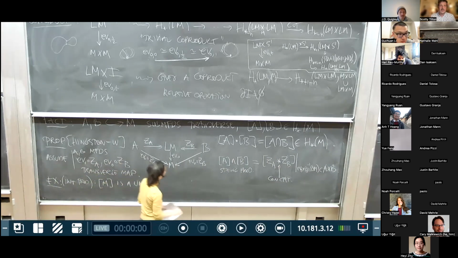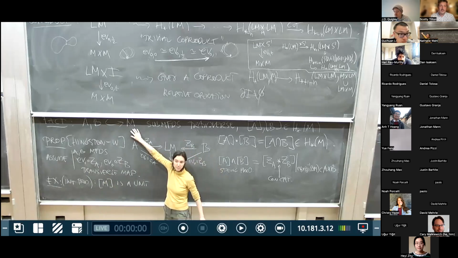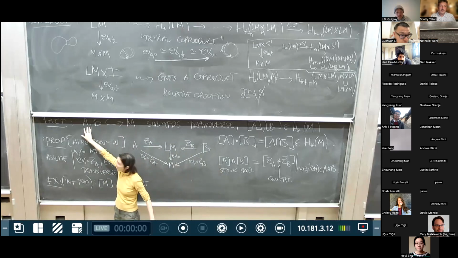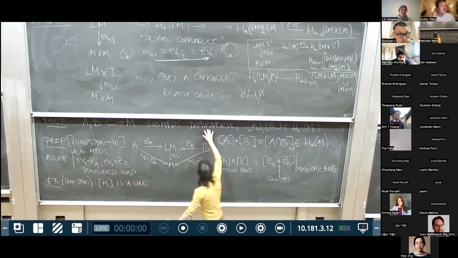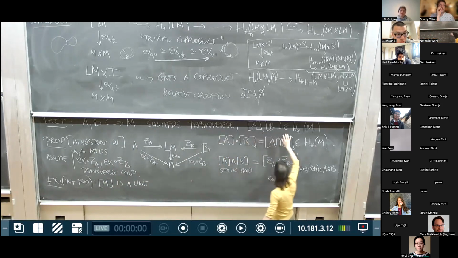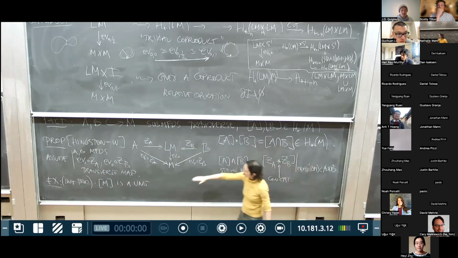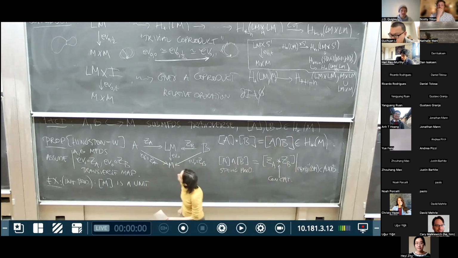If I go back to my intersection product in the homology of M, if one of my classes, say A, is the fundamental class of M, if the map here of M is the identity, then they are always transverse because A is hitting the whole tangent bundle. So there's no condition. So they're necessarily transverse. And when I do the intersection, well, I'm intersecting with M, so I'm not doing anything. So a direct consequence of this is that M is a unit.